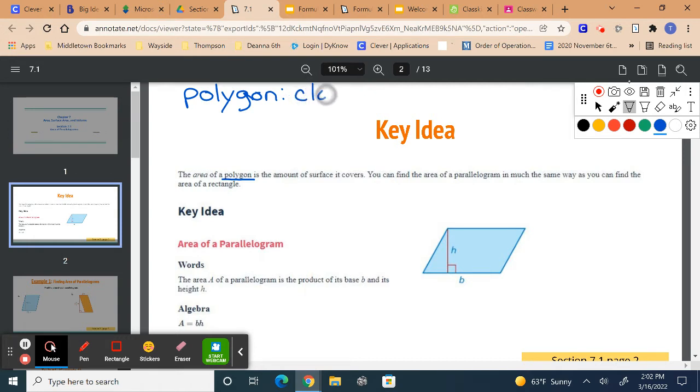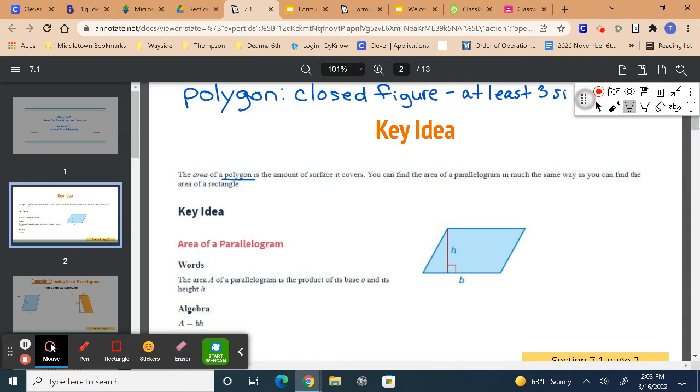It has to be a closed figure. A square is a quadrilateral, that's good. A closed figure means it has to have at least 3 sides. It can't be 2. Can you make a closed shape with 2 sides?